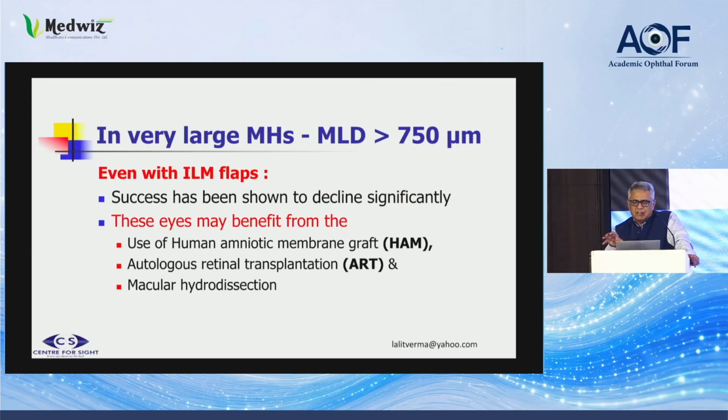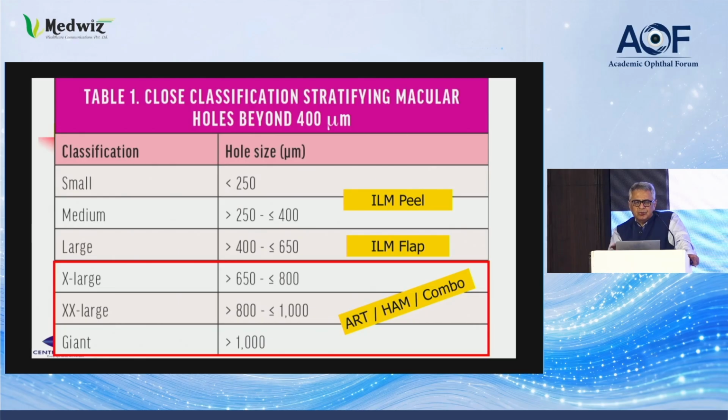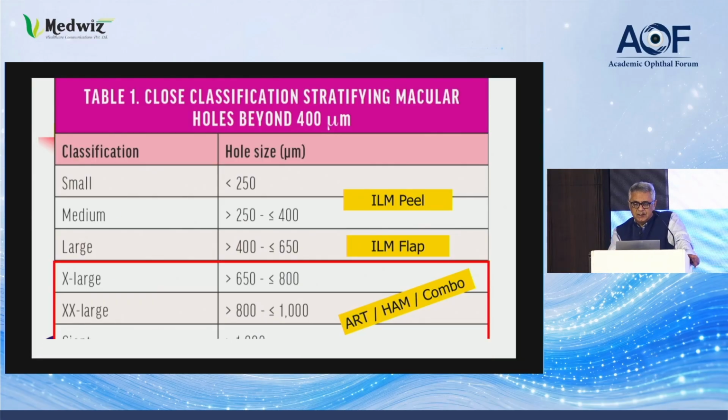So with this, I think the large macular holes have more propensity to close. To summarize, this is the latest classification, where we divide holes into small, medium, large, and then XL, XXL and giant macular holes. Up to large, you can get away with ILM and ILM flap, but with very large macular holes, things like ART, HAM, or a combo, with the help of maybe even hydrodissection, may have to be done in such patients.